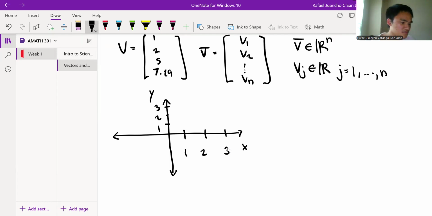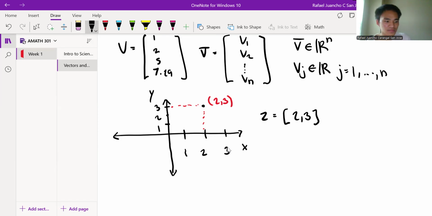We have some values here, and we can say, oh, this value here gives us a point. It gives us the point (2, 3), right? And we can actually denote this as a vector. Let's say this is vector z, which has 2, 3. But we prefer to write it this way, as a column with 2 and 3.